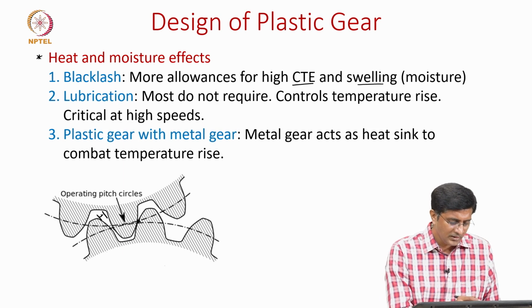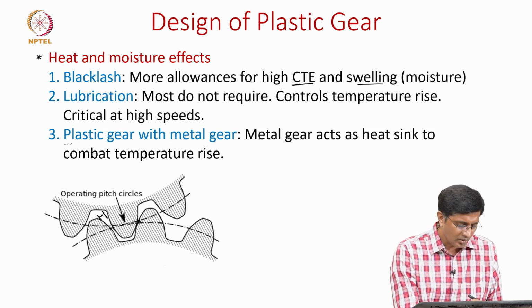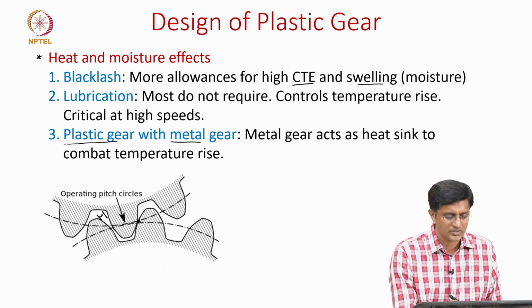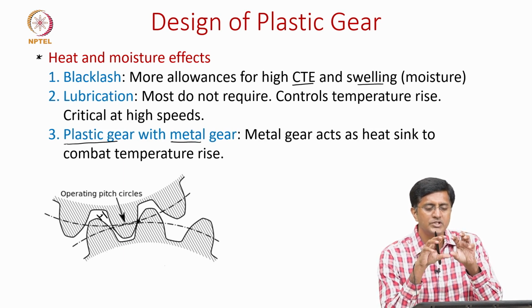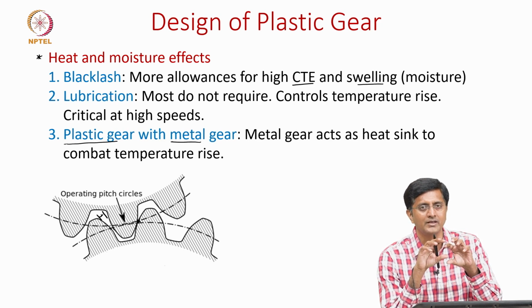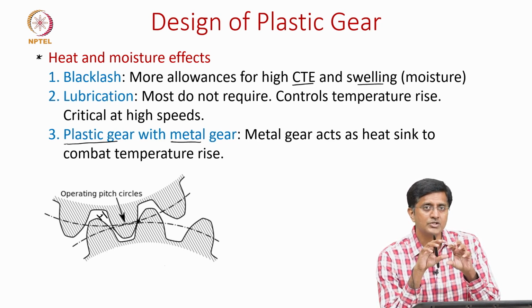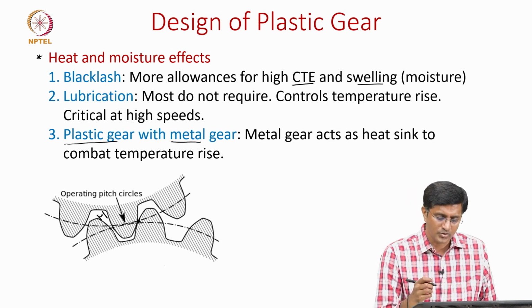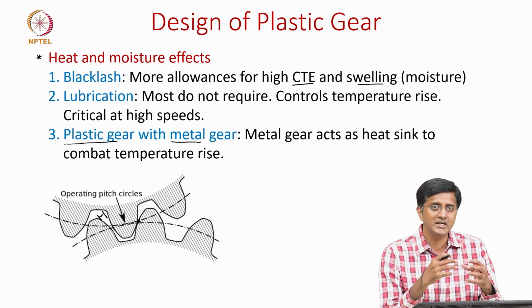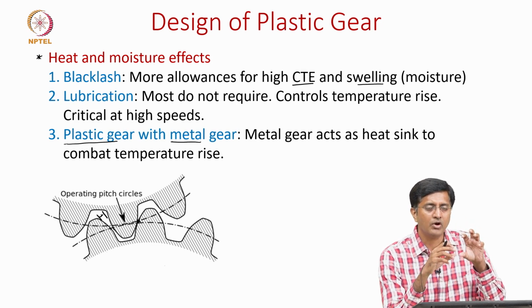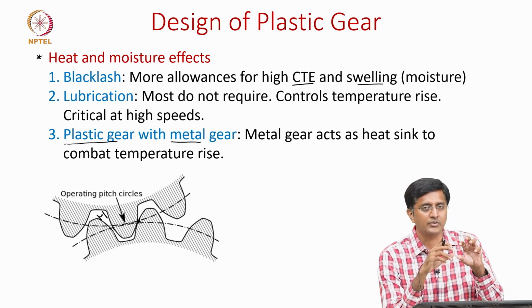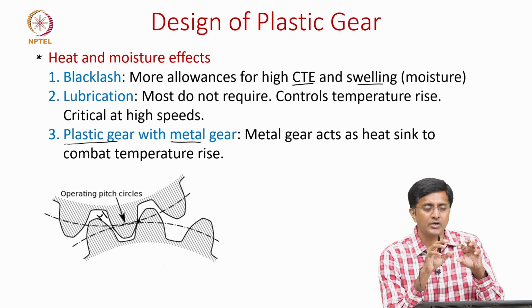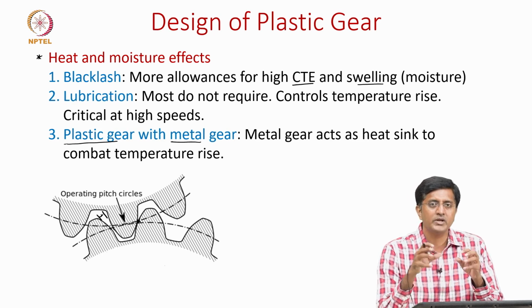And lastly, plastic gears are also used in conjunction with metals, meaning you can have one of the gears as a polymer which is meshed with a metallic gear. There are a few advantages of going with this option, mostly because when there is heat generation, plastic, we all know, is a poor thermal conductor, but metal is a good thermal conductor, which means it can conduct or dissipate the heat.